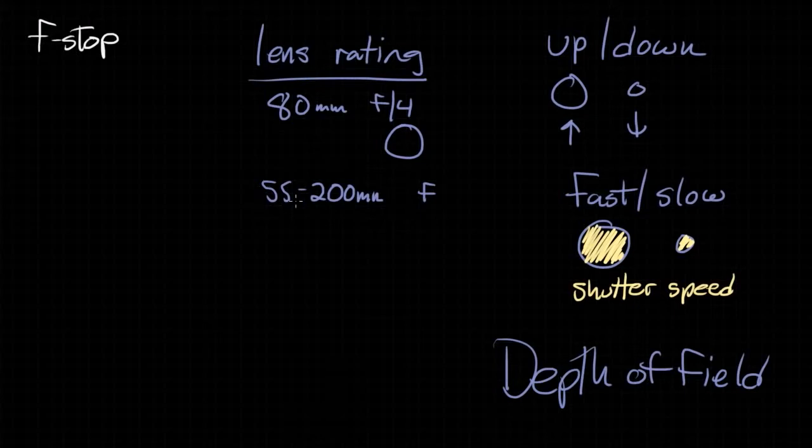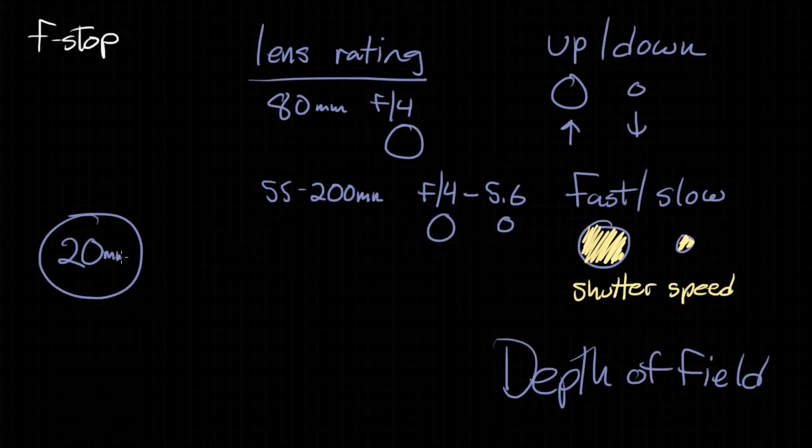But at this focal length, you might have an aperture size of 4, where at this focal length, you'd have an aperture size of 5.6. This is due to the construction of the lens, where it will only allow a certain maximum aperture size at differing focal lengths.